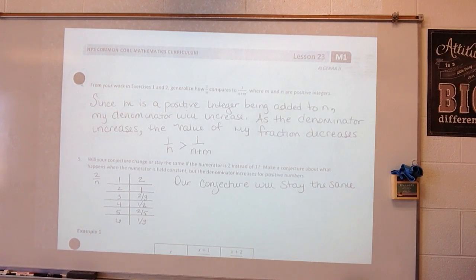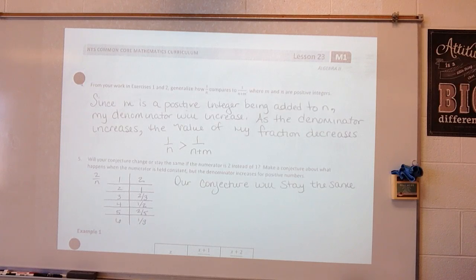Because it's just like multiplying the whole entire thing by 2. So if my numerator stays constant, then my denominator is going to increase. So therefore I have a smaller value.